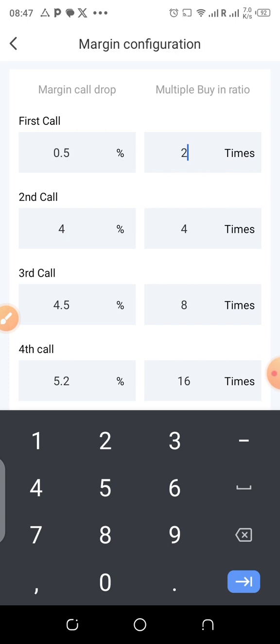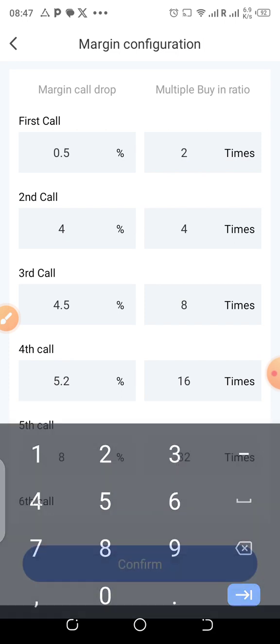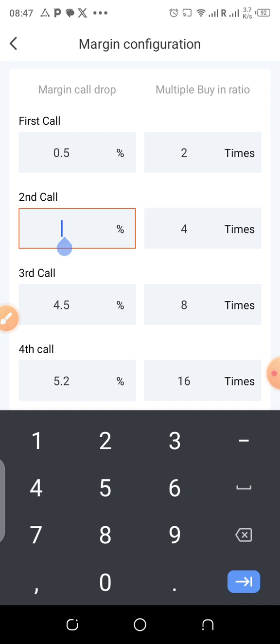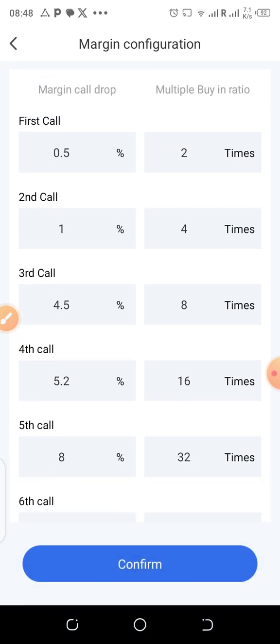We are going to be doubling. If the market falls by 1%, I'm not telling you that you have to use these settings. You can choose your own settings, because what I'm giving is not financial advice. I just want you to understand these trade settings.